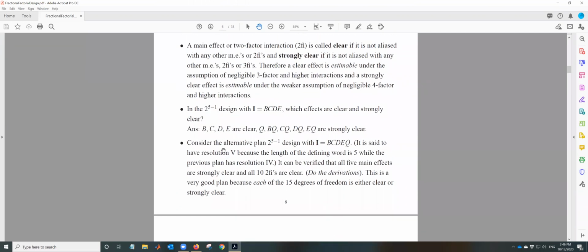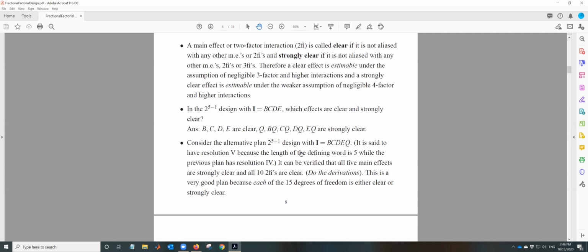Now let's consider the alternative plan, a 2^(5-1) design with I equals BCDEQ. If you were given this defining relation, you can just use BCDE to generate the full factorial design, then Q equals BCDE, and you will be able to generate the experimental plan. It is said to have resolution 5.